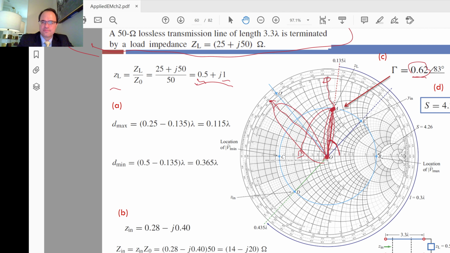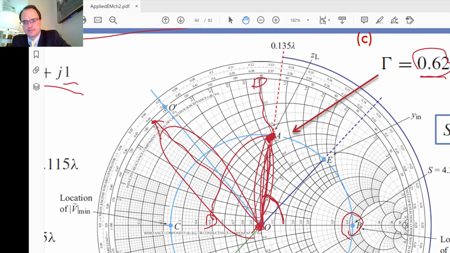The standing wave ratio is the R value from the Smith chart where it intersects the positive real axis. Let's zoom into this point right here. Pretty close, it's a little over 4. In fact, it's 4.26 is what R is, and therefore that's what S is, the standing wave ratio. So that's B, calculating S.